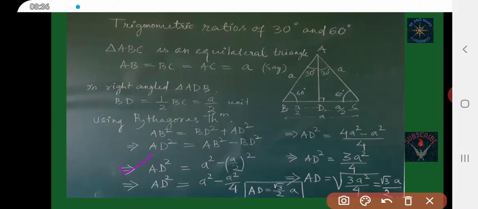Here AD square is equal to A square minus A by 2 whole square.